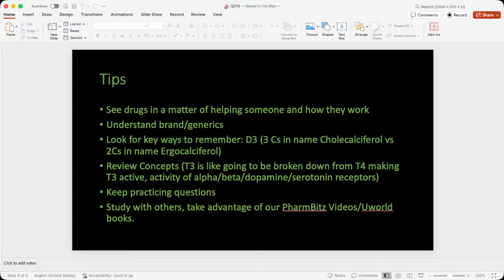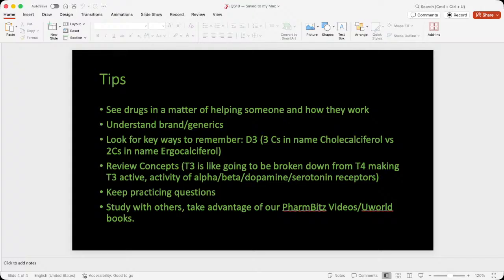And then definitely reviewing concepts and knowing the activity of different types of receptors. Many times, the knowledge on these receptors is going to help a lot. So, like thyroid receptor, beta receptor, alpha receptor, serotonin receptor, dopamine receptor.